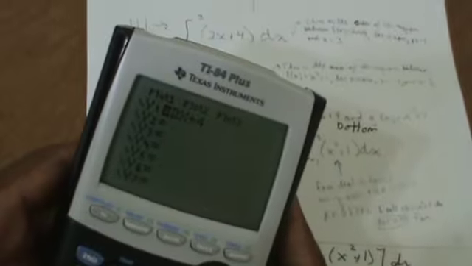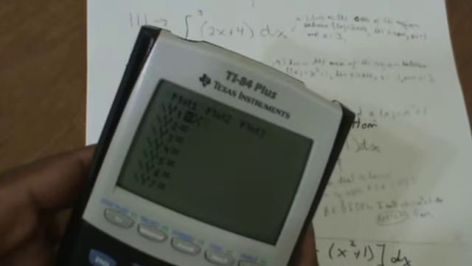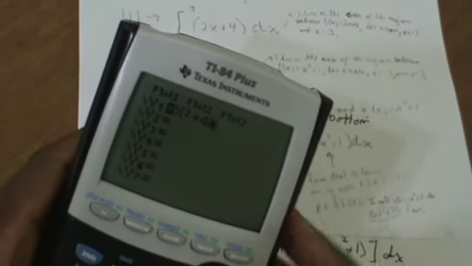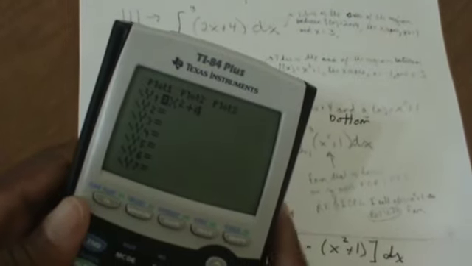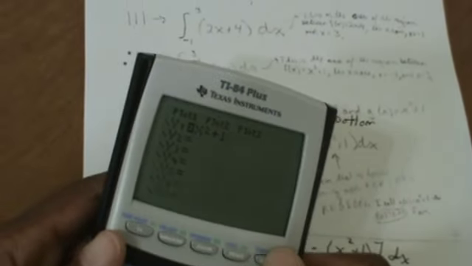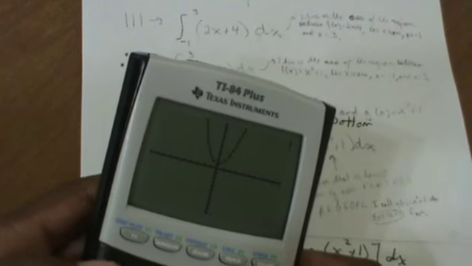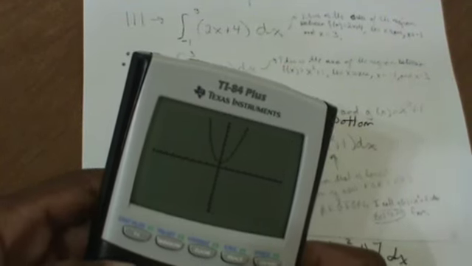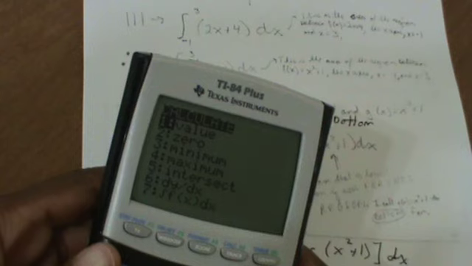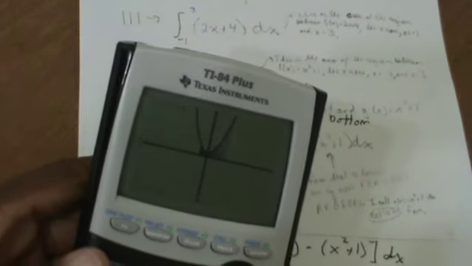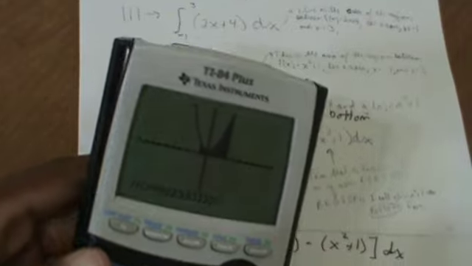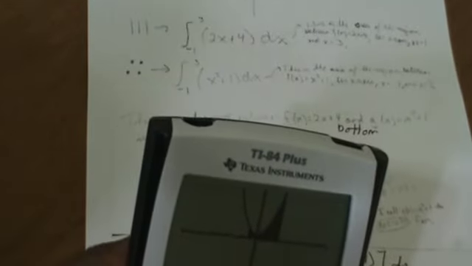So y equals x squared plus 4. I'm sorry, x squared plus 1. Okay, graph that. So second calc, number 7. Lower limit is -1, upper limit is 3. I get 13 and a third for that.